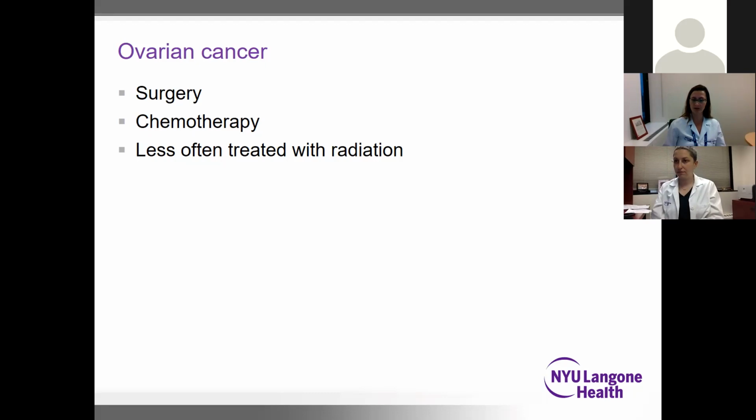Oftentimes surgery for the most common type of ovarian cancer means a big incision surgery, so an up and down incision and removing all reproductive organs, and then anything that looks abnormal. And if there isn't a lot of stuff that looks abnormal, we also remove what's called the omentum, the fat pad that covers the intestines, and lymph nodes.